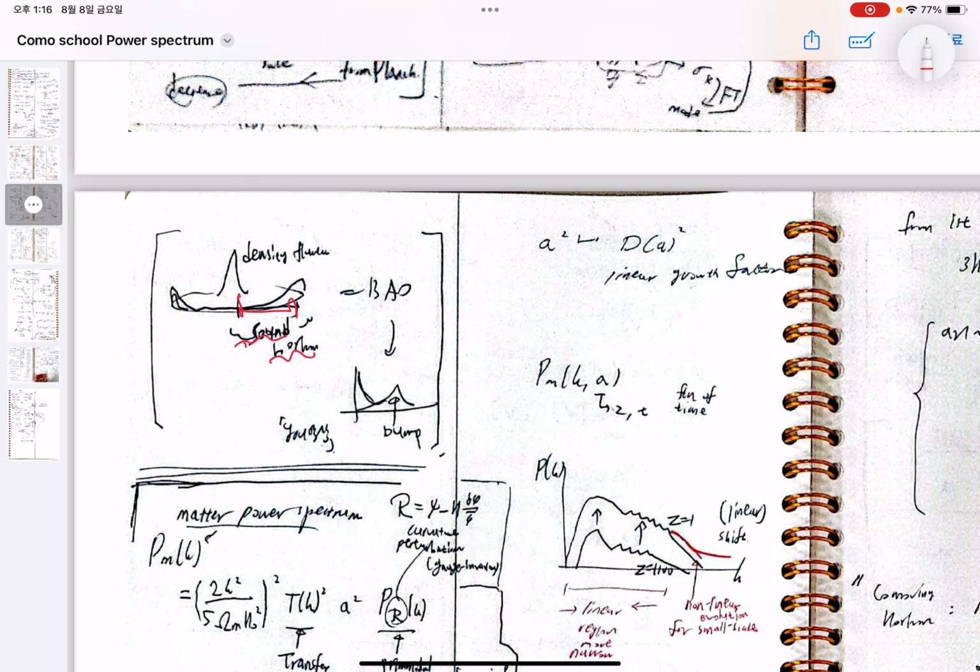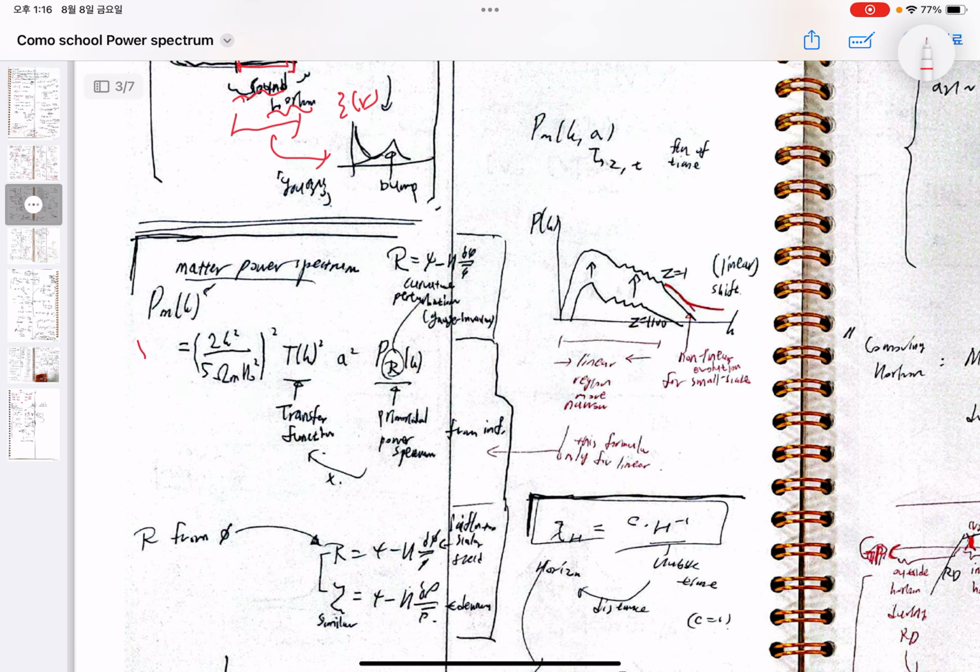This makes some specific distance, and separation of the stars or galaxies, such as structure groups. The collapsed objects have some such sound horizon distance separation. This makes the bump in the two-point correlation function.